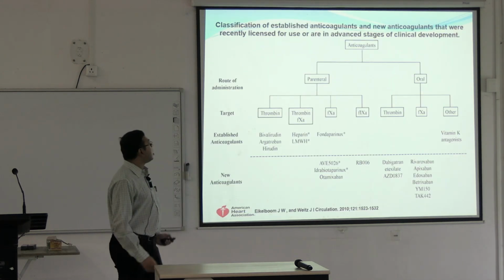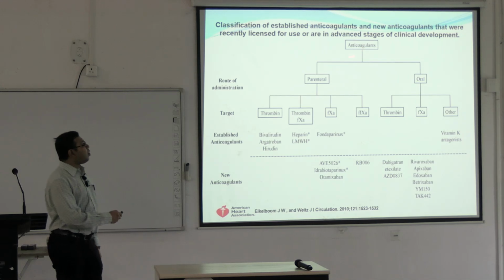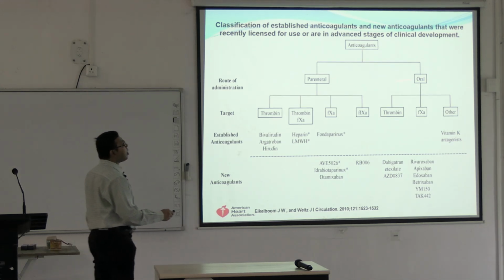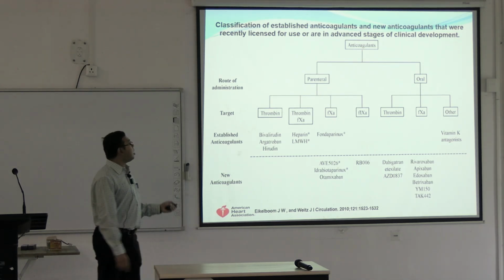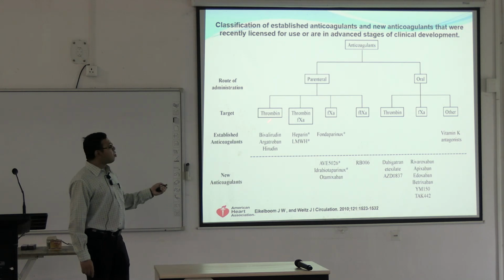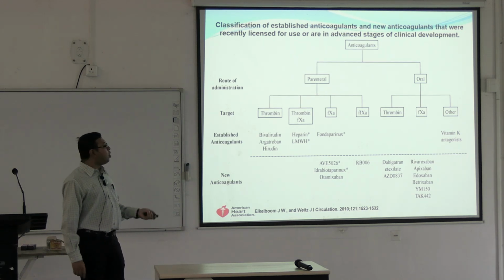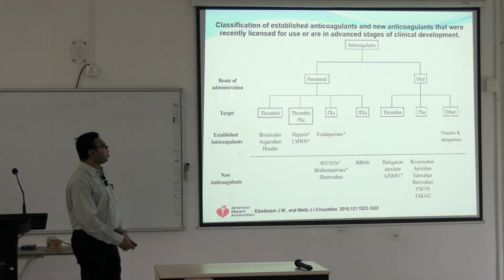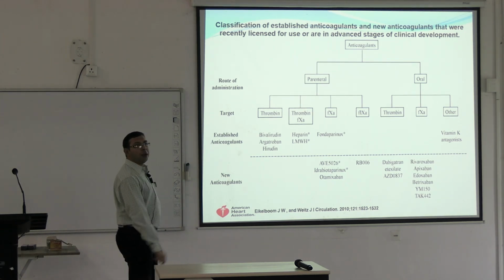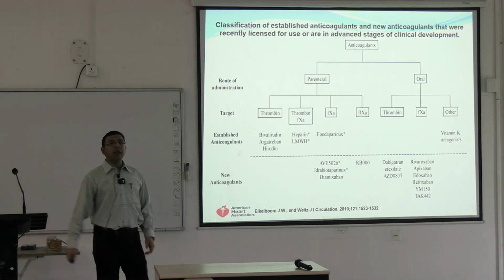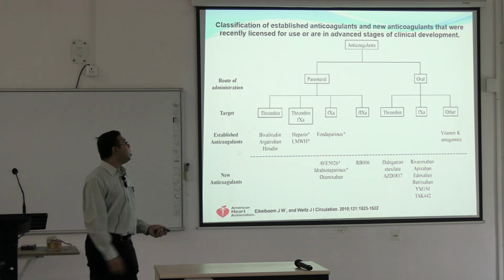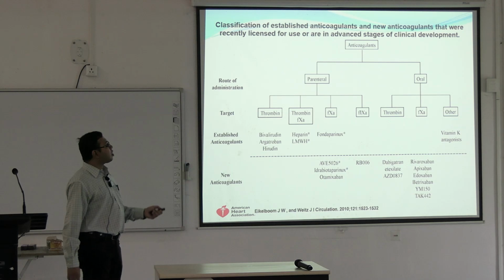Anticoagulants again we can broadly divide into parenteral and oral, the same thing again, but the target may be different. The target may be thrombin. When thrombin is the target, the agents are bivalirudin, lepirudin, argatroban, hirudin, etc. When the targets are thrombin and factor Xa, examples are heparin and low molecular weight heparin; only factor Xa, fondaparinux.